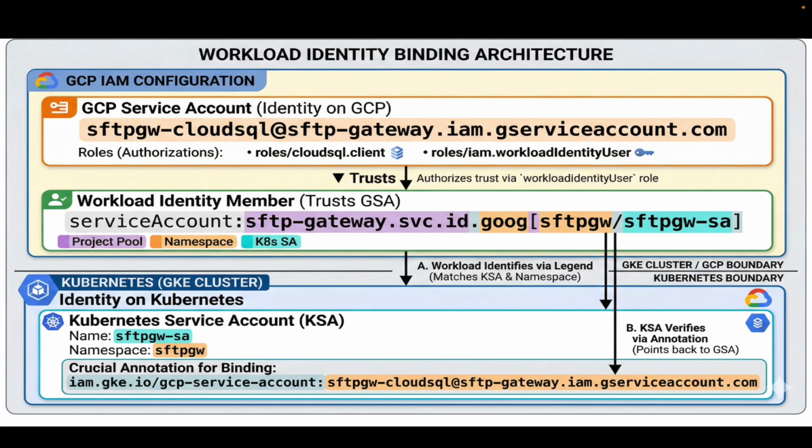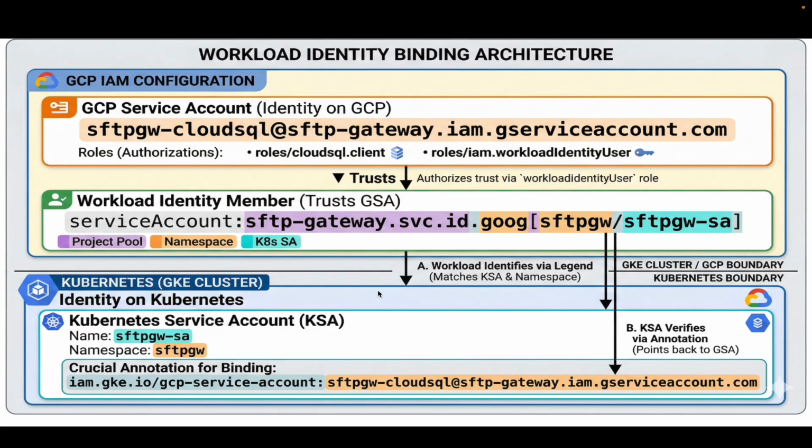Before we start running the next few commands, I think it'll be good to stop and take a moment and first understand what it is we're trying to accomplish. So the backend SFTP Gateway containers need to have permissions to access the Cloud SQL database. And normally you would create an IAM user that has permissions to access Cloud SQL. But the problem is there's no way to apply an IAM account directly to a Kubernetes container.